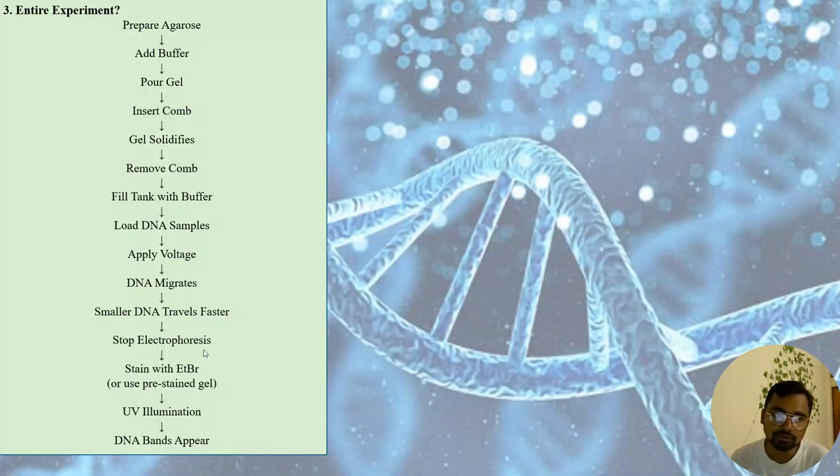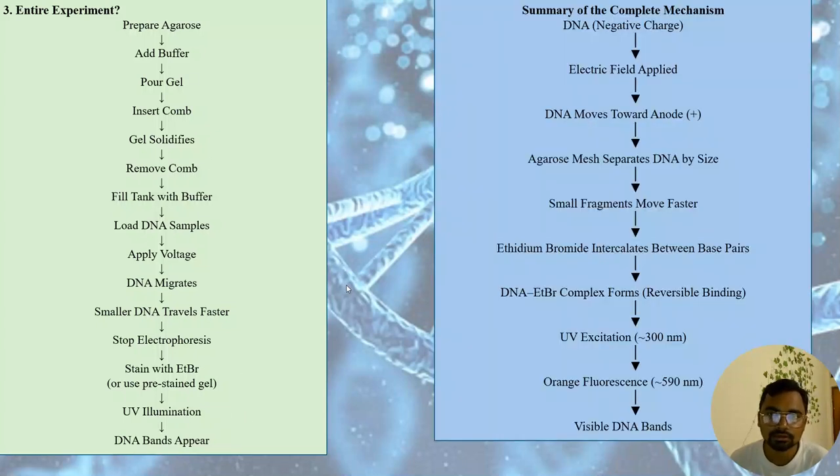Stop electrophoresis and stain with ethidium bromide, or use pre-stain, where we add the stain before pouring the gel. UV illumination shows the DNA bands. This is the whole experiment.